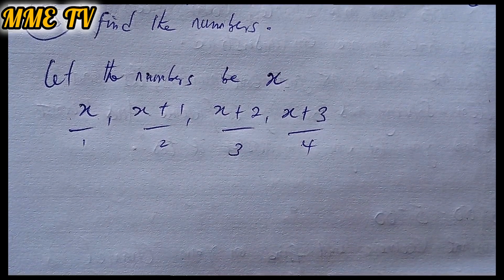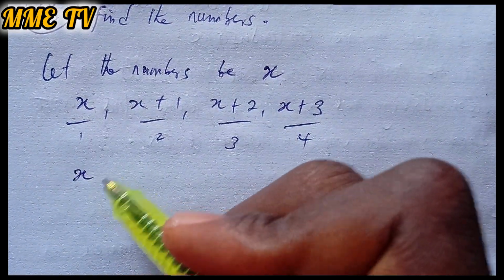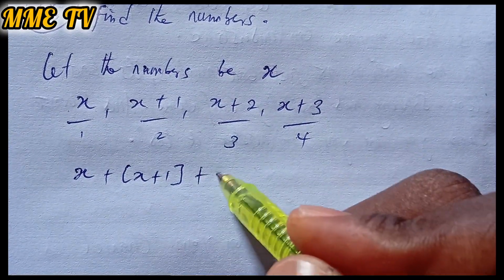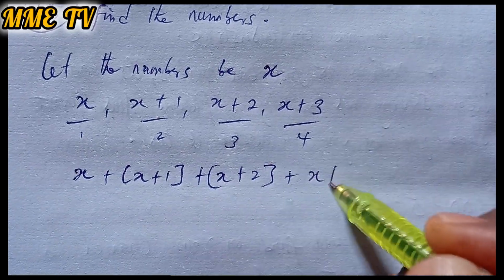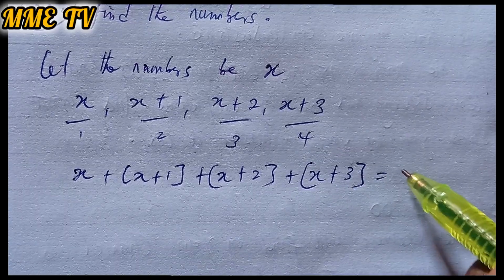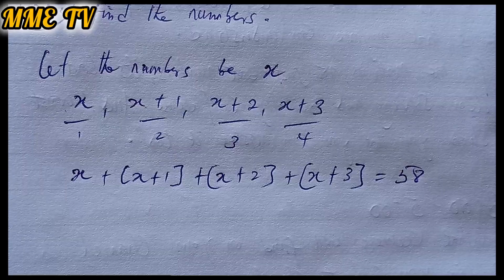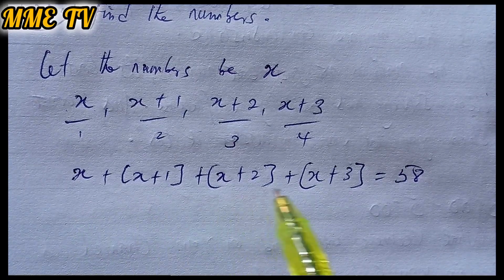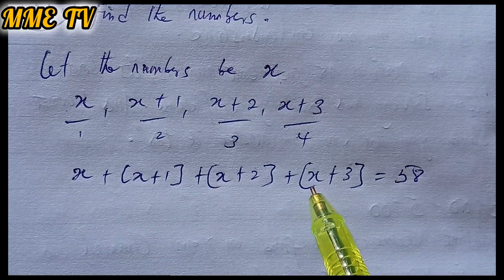Then what do I do again? I'll simply say that x plus (x plus 1) plus (x plus 2) plus (x plus 3) is equal to 58. Do you understand what I'm saying now? Then I'll now collect the ones that look like each other. I'm having x, x, x, and x, right?